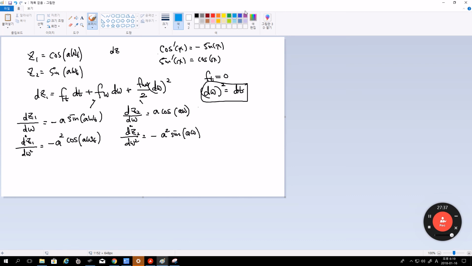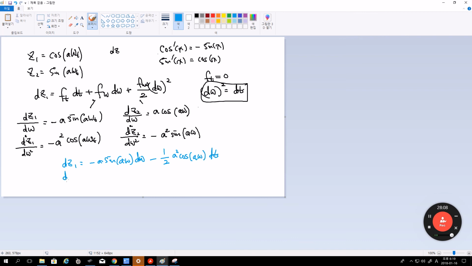So change the color. Therefore, dz1 equals minus a sine aw dw, plus, actually now, yeah, we have minus half of a square cosine aw dt, right, with this one.